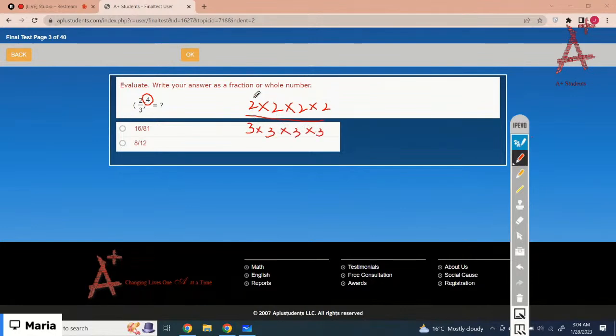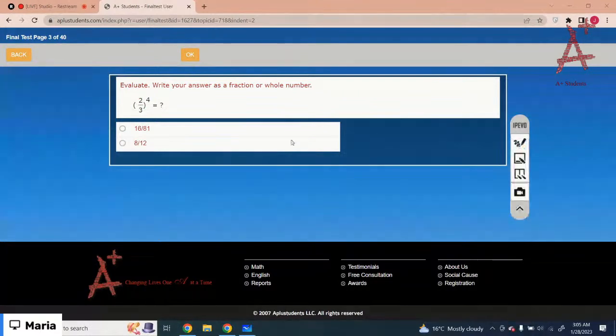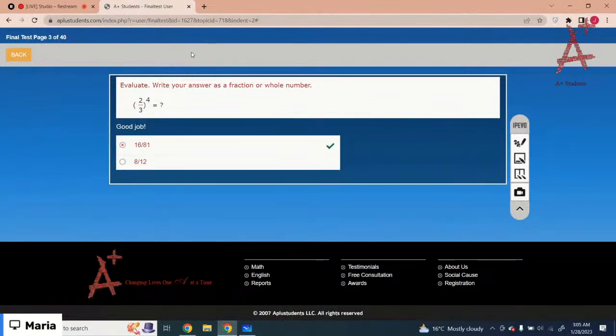Got it? 2 times 2 is 4 and 4 times 2 is 8, 8 times 2 it would be 16, and divided by 3 times 3 is 9 and 9 times 3 is 27, 27 times 3 is 81. It would be 16 over 81. Got it? So the correct option is 16 over 81. So just select the correct option, then click on the OK button.